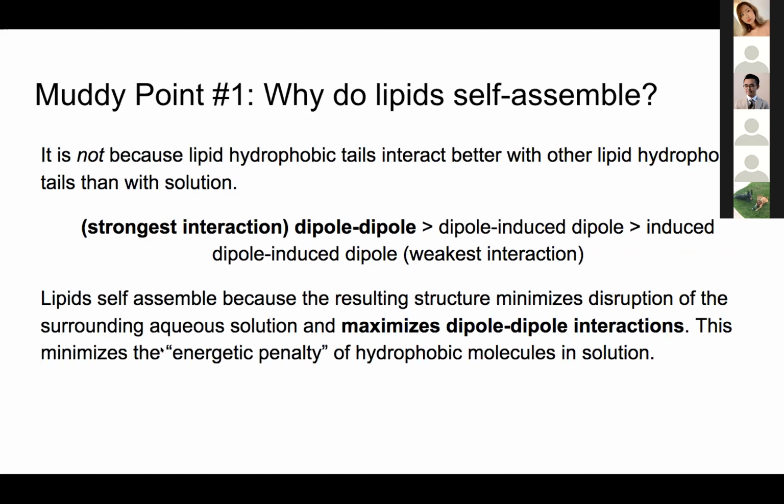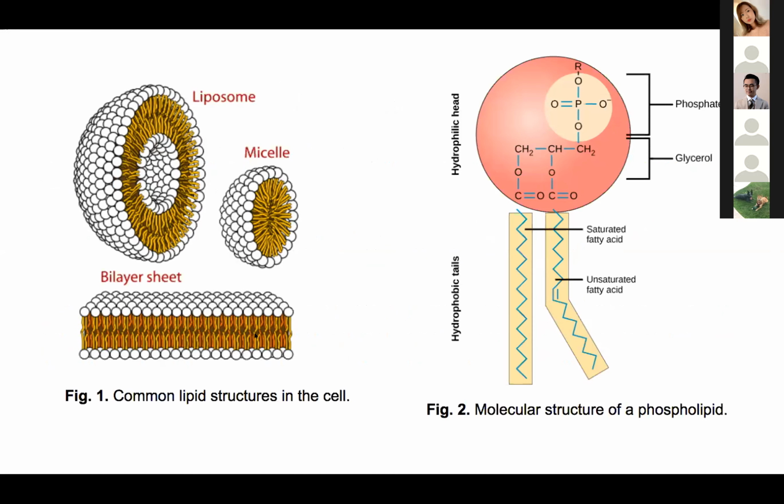People throw around the words energetic penalty, right? That's kind of a shorthand, but what does energetic penalty really mean? So if you imagine this bilayer, and then outside you have your aqueous solution. If I take a water molecule from the solution and I stick it inside the membrane, the energetic penalty comes from the fact that you lose the stabilizing hydrogen bonding from the outside and you do not regain it when you stick it inside the membrane.